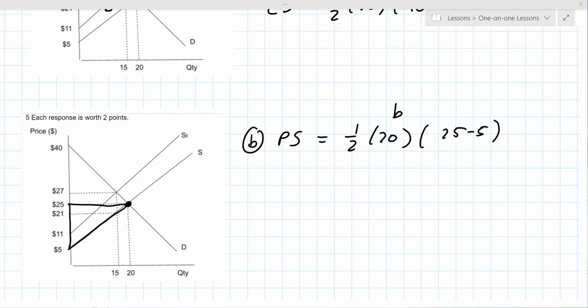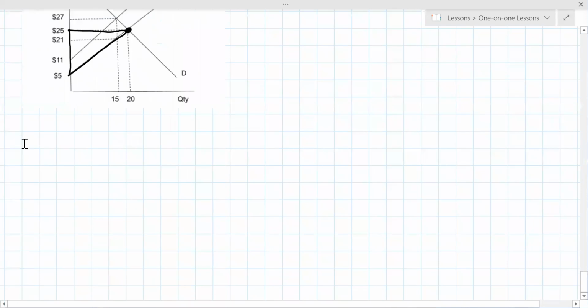What is the total welfare surplus before the tax? Total welfare means consumer surplus plus producer surplus. So part C is this big triangle. Let me draw it in here because I think it'll make more sense.